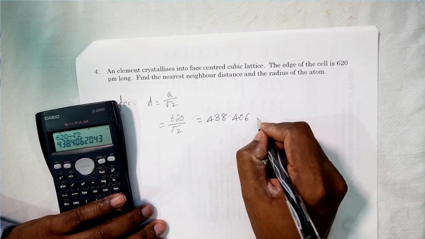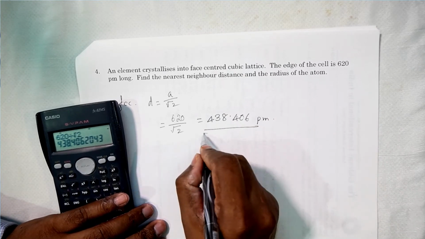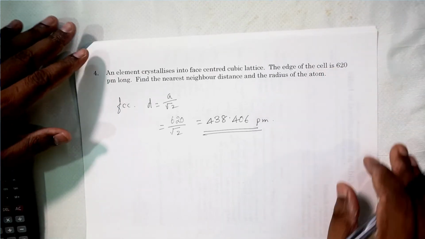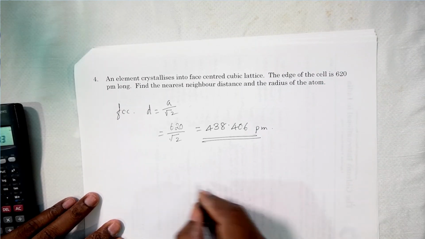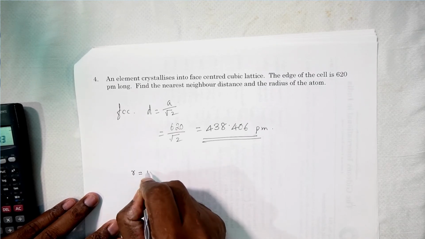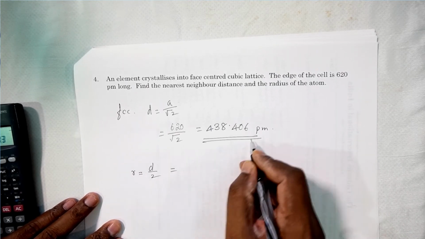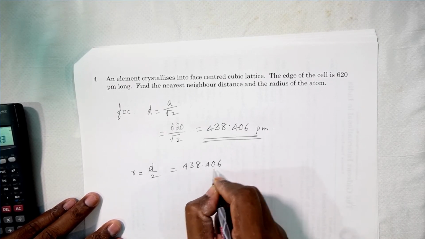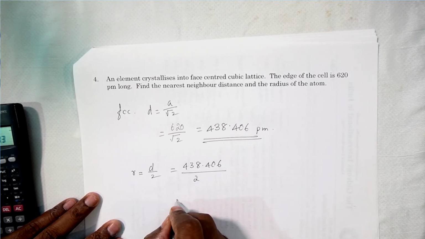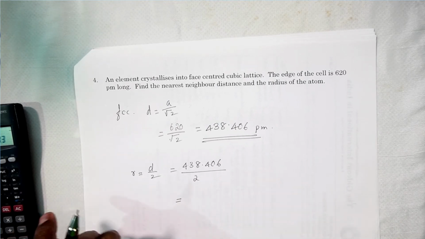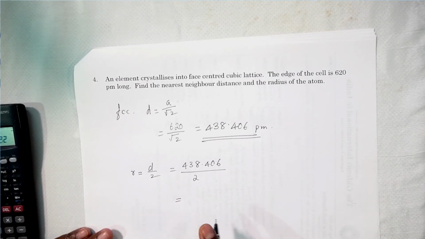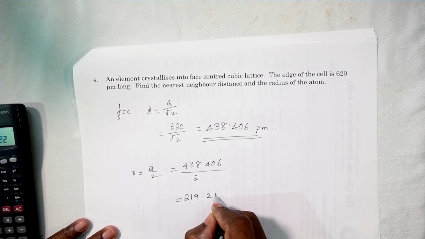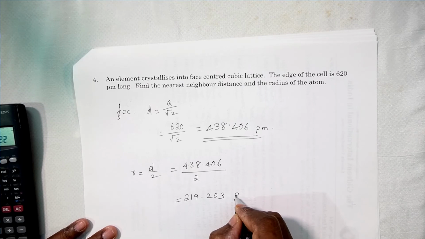438.406 picometers. So this is the interionic distance between the two ions in the crystal. The next part is the radius. Radius r is equal to D upon 2. D you already have, so 438.406 divided by 2 gives 219.203 picometers.